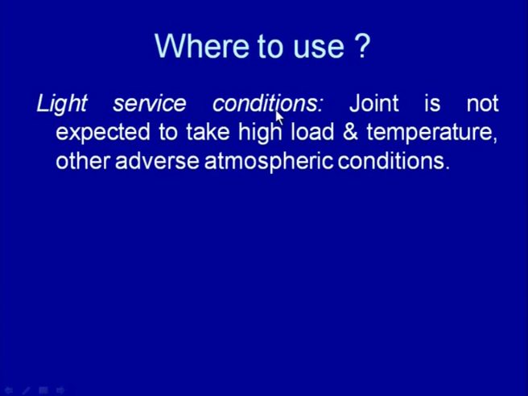Under what conditions is this kind of joint preferred? Under light service conditions, where the joints are not required to take very high load, or to serve under high temperature conditions or any other adverse atmospheric condition, brazing and soldering joints can be effectively used for developing joints between metal systems which are either metallurgically incompatible or where common fusion welding processes are not favorable due to a variety of reasons.